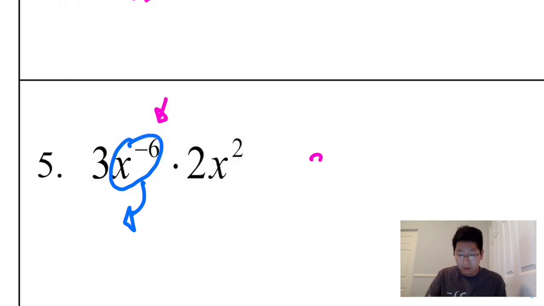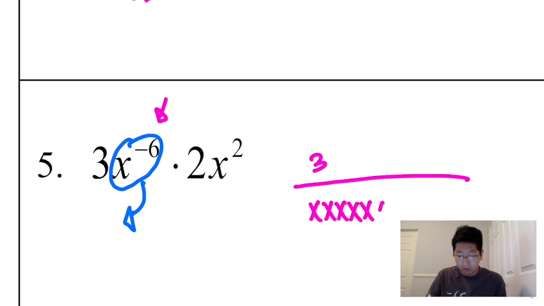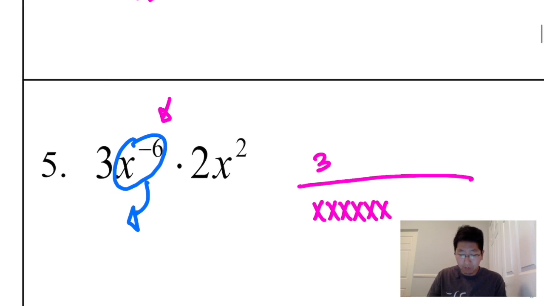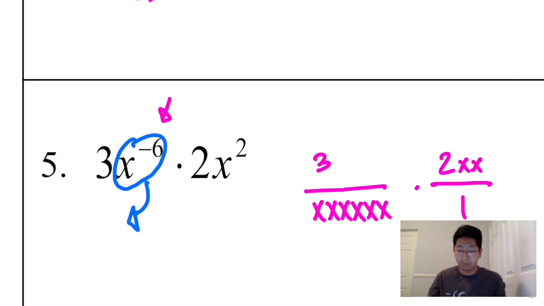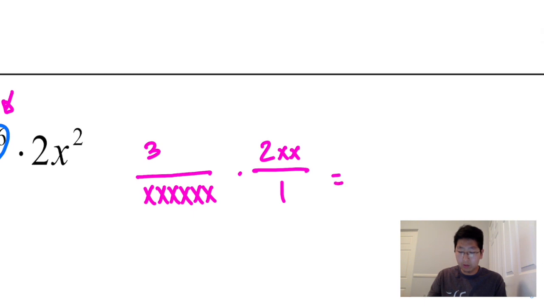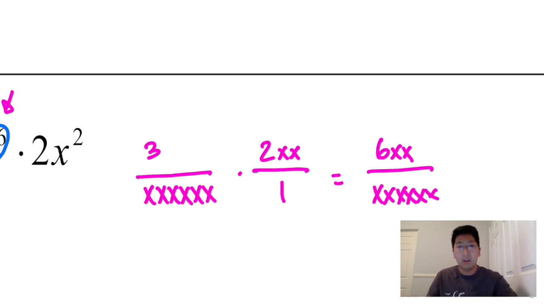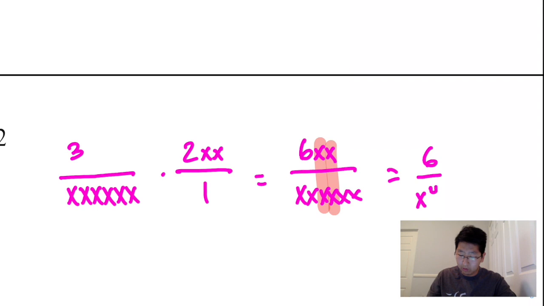So it's 3x to the 6, times 2x over 1. What we can do is say 6x over x to the 6, and then create our ones. So we end up with 6 over x to the 4th.